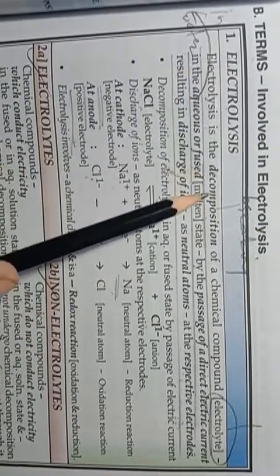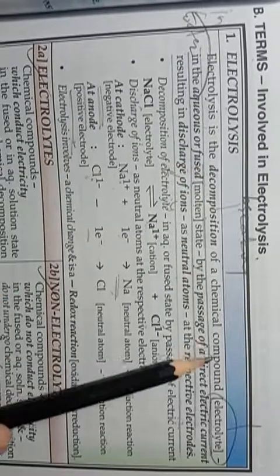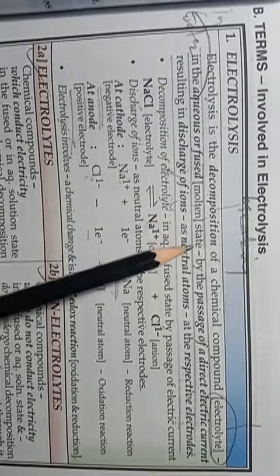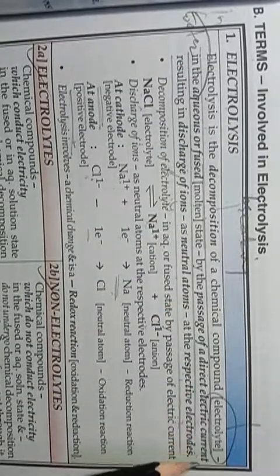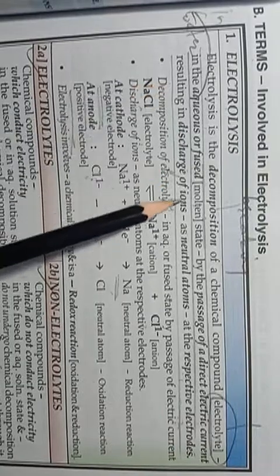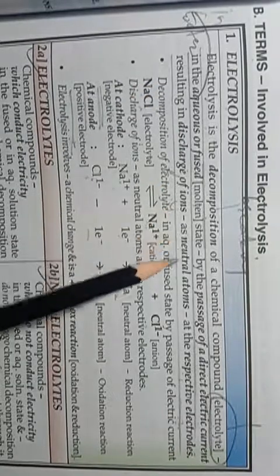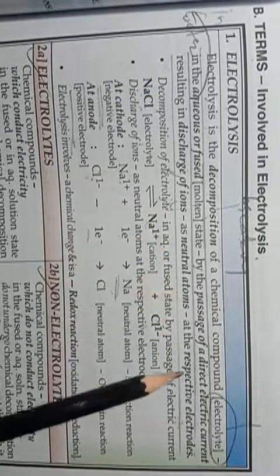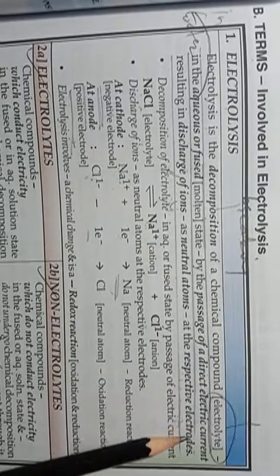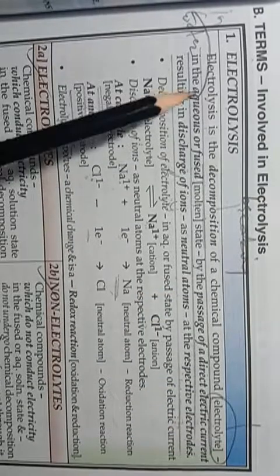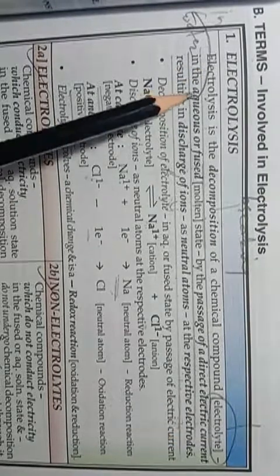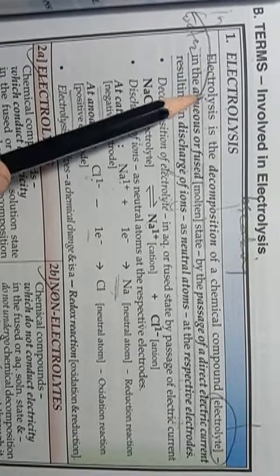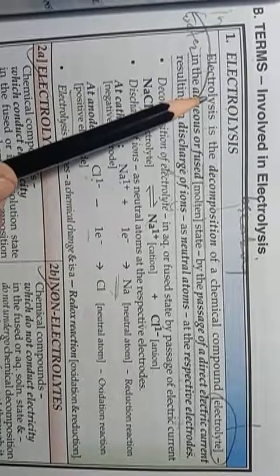Electrolysis is the decomposition of a chemical compound, the electrolyte, in the aqueous or fused state by the passage of a direct electric current, resulting in the discharge of ions as neutral atoms at the respective electrode. So this is the definition of electrolysis. What changes are taking place in the electrolyte?